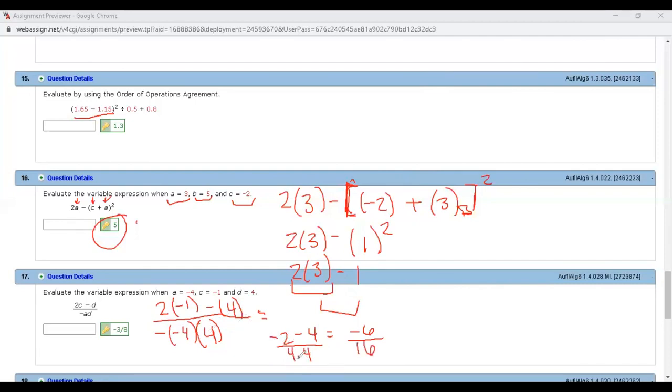So we got -6 over +16. Then we have to simplify it. So if we divide the top and the bottom by 2, we'll get -3 over 8. So this is in its simplest form, so we are good to go.